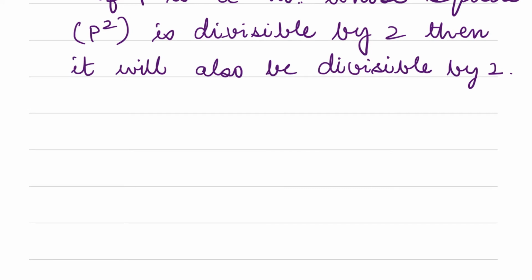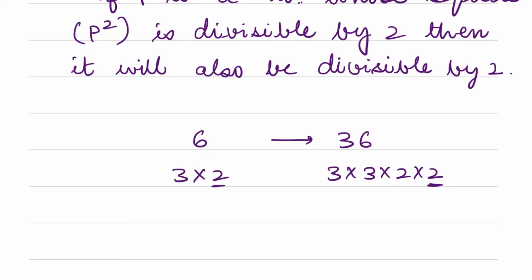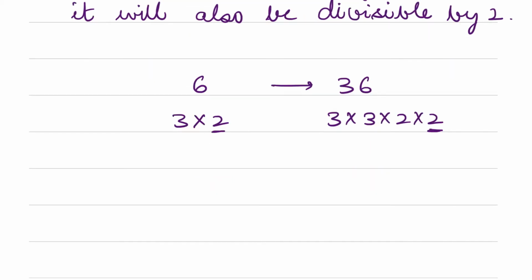Okay, let's take an example. Suppose I have a number 6 whose square is 36. So 36 has factors 3 into 3 into 2 into 2. So if it is divisible by 2, then 6 has factors 3 and 2, so this is also divisible by 2. Let's take 14.